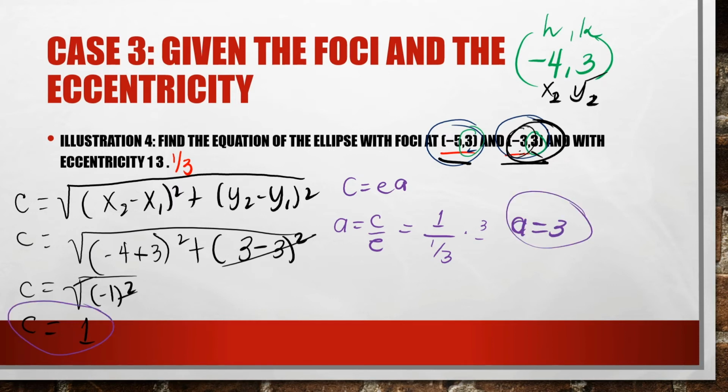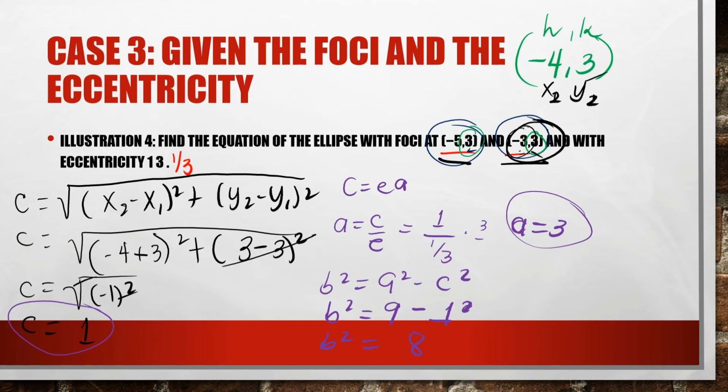And then, mahanap natin yung b. So, b squared is equal to a squared minus c squared. B squared is equal to, yung a squared natin is 3 squared, so magiging 9, minus c squared is equal to 1 squared. So, 1 lang din yan. So, b squared is equal to 8.